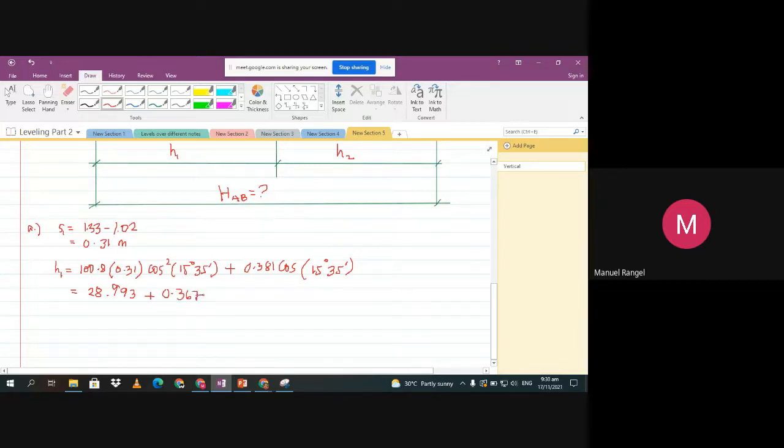So H1 is 28.993 plus 0.367, which is 29.36. So that is in meters.